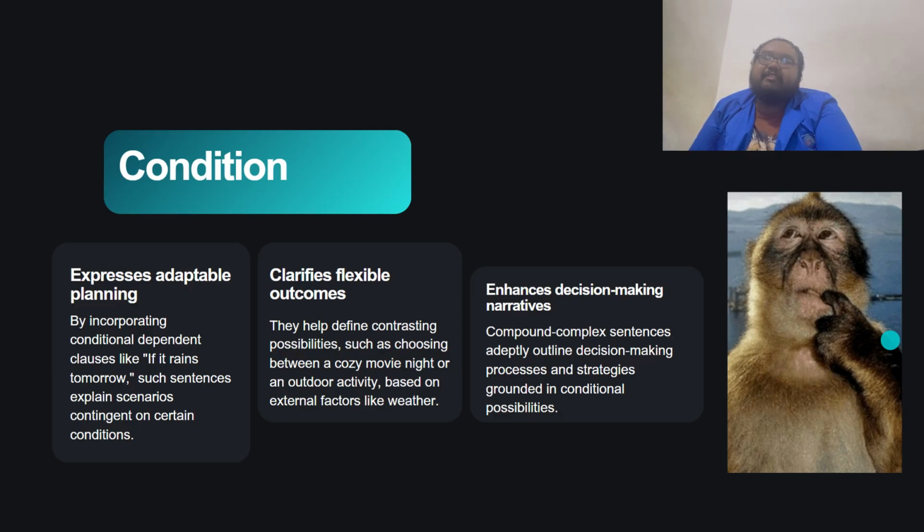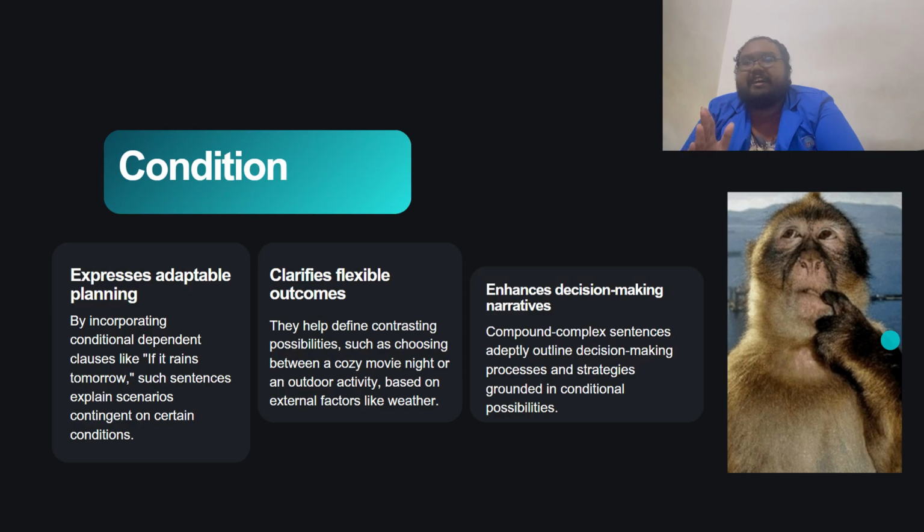Okay. For condition, express adaptable planning by incorporating conditional dependent clauses like if it rains tomorrow. Such sentences explain scenarios contingent on certain conditions. Clarifies flexible outcomes.